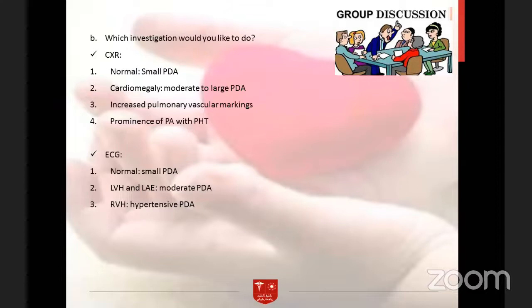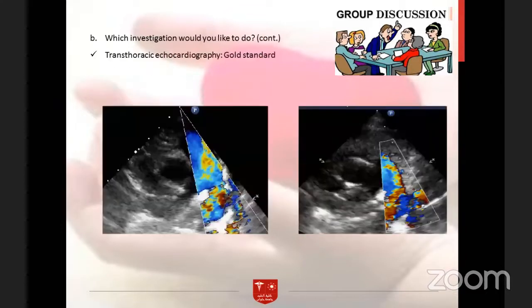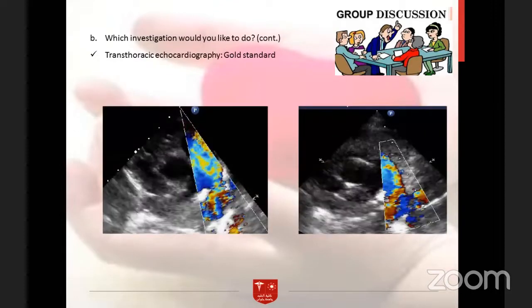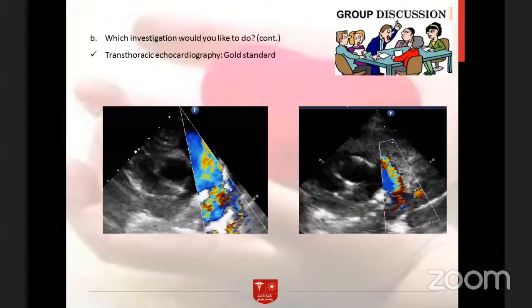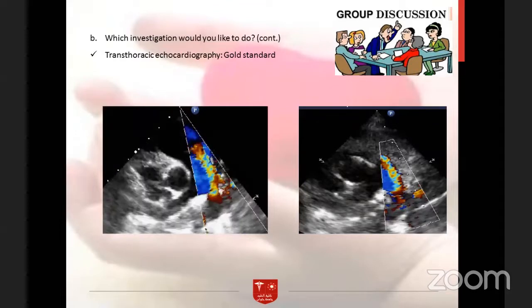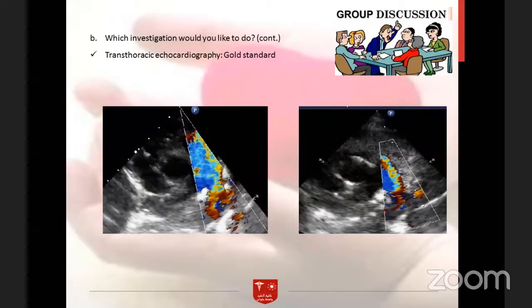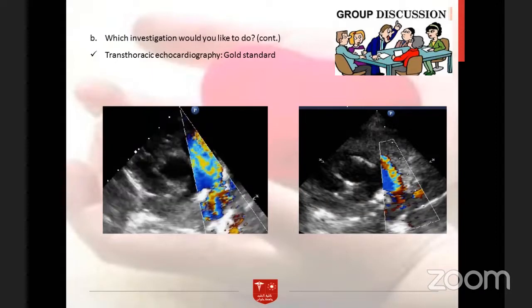And as you just mentioned, transthoracic echocardiography is the gold standard for assessment of the PDA. The most important views while assessing the PDA are the left parasternal short axis, the infraclavicular or what's called the ductal view, and the suprasternal.